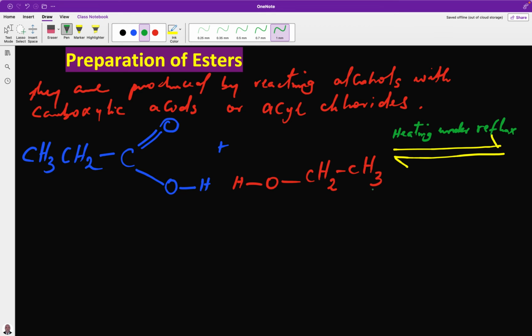We are heating under reflux with concentrated sulfuric acid as catalyst.